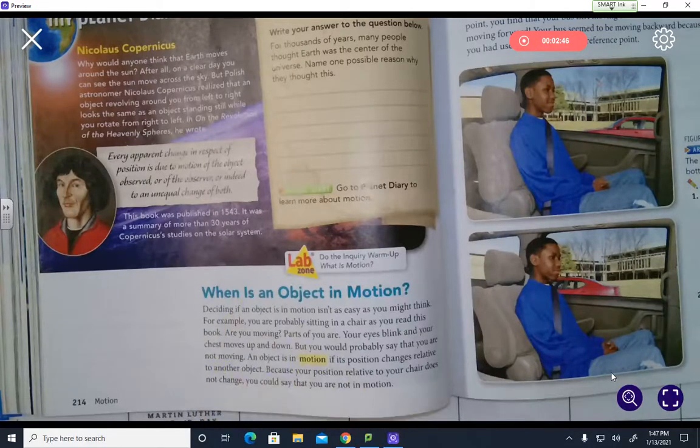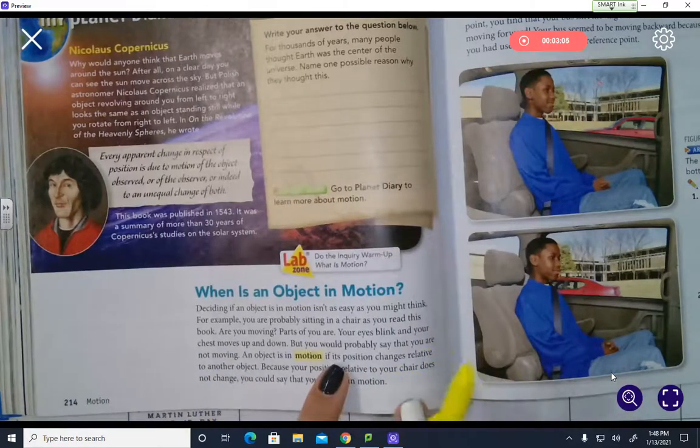When is an object in motion? Deciding if an object is in motion isn't as easy as you might think. For example, you're probably sitting in a car as you read this book. Are you moving? Parts of you are. Your eyes blink and your chest moves up and down. But you would probably say that you are not moving.